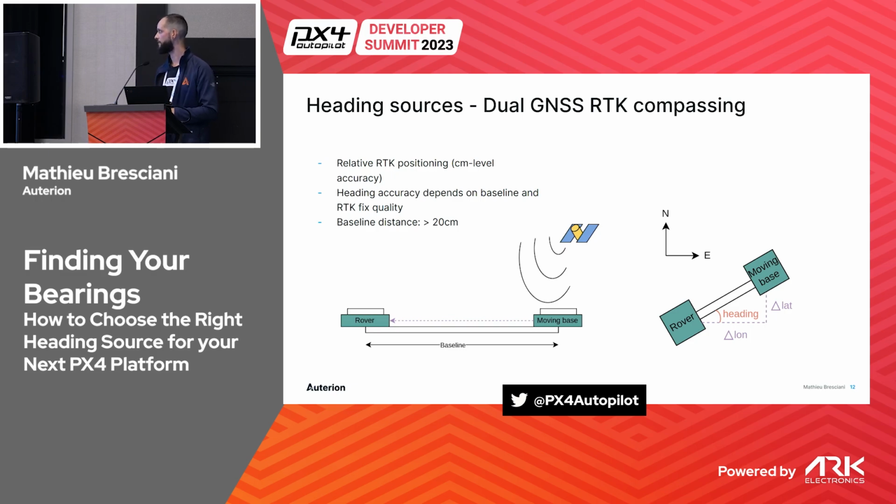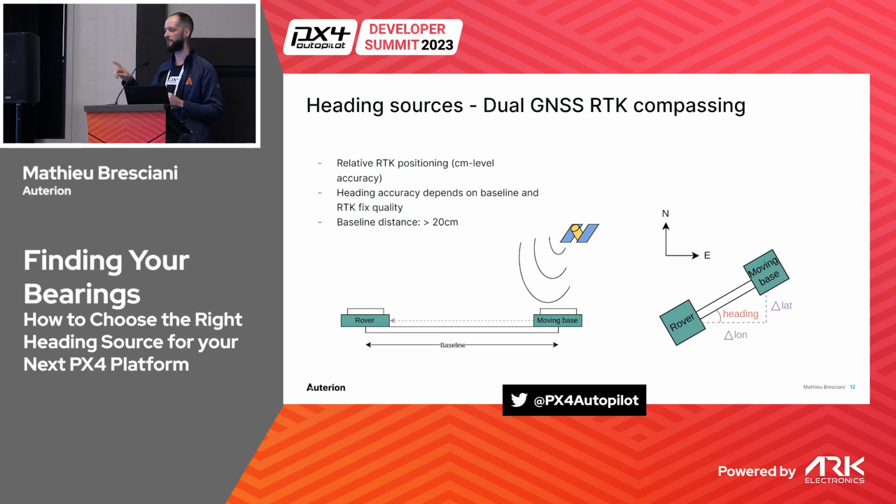The second technology we can use for heading is GNSS RTK compassing. Probably most of you know about normal RTK, where you have a ground station that is stationary, that has a well-known position, and that one will compute a correction and then send it to the GNSS receiver that is on the drone.